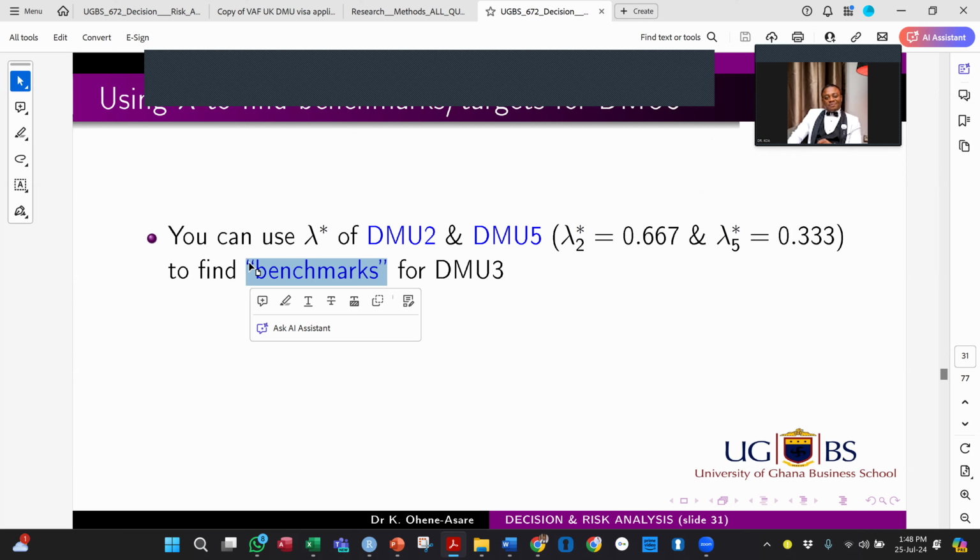Use the theta, but don't forget the slacks. The second one is use the lambdas. Somebody will say, but forget the slacks. You still have to remember the slacks.